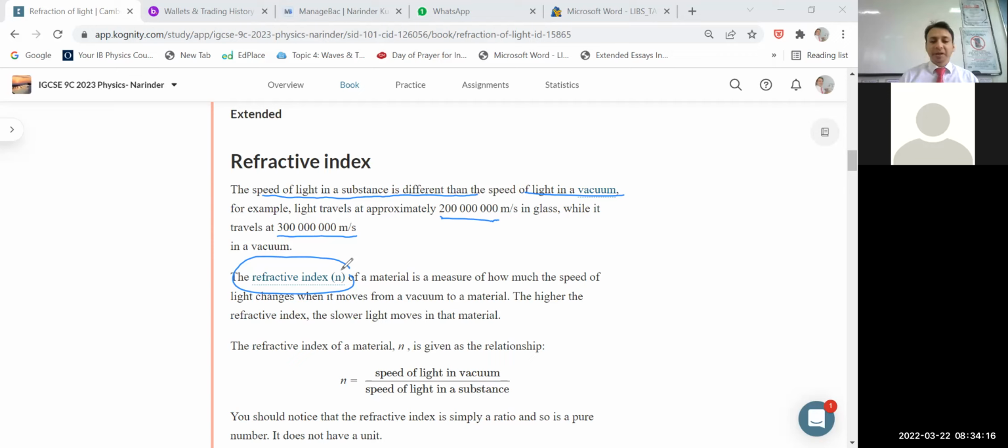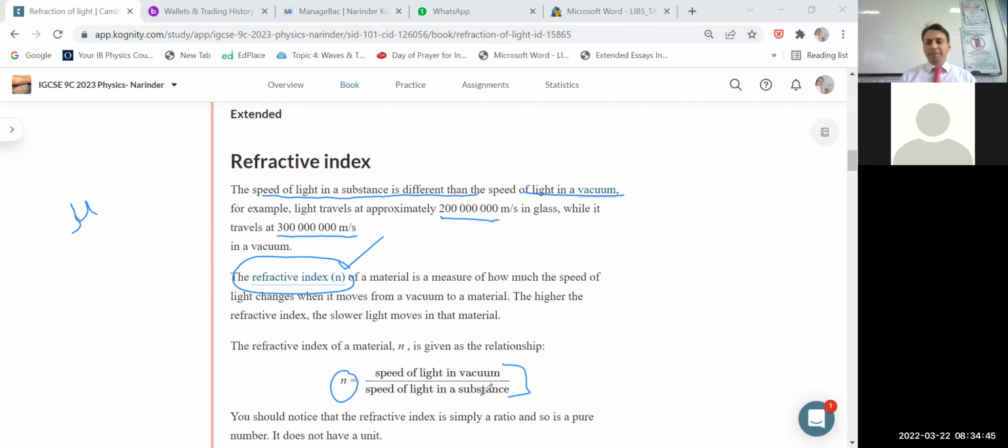Refractive index is represented by the letter small n. Sometimes in grade 11 and 12 you will find the refractive index is also represented by the letter mu. Here in grade 9, I am going to use the letter n for representing the refractive index. There is a mathematical equation for refractive index.